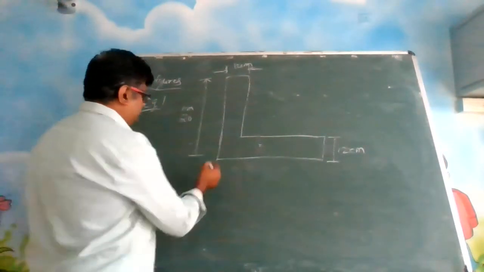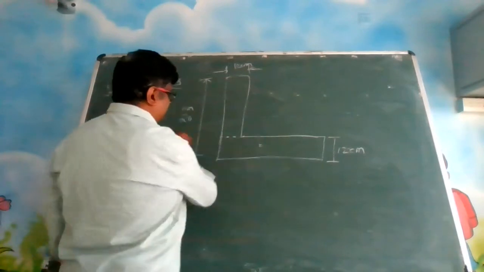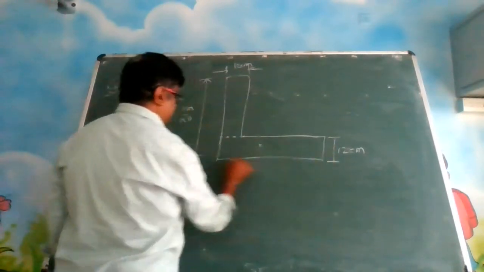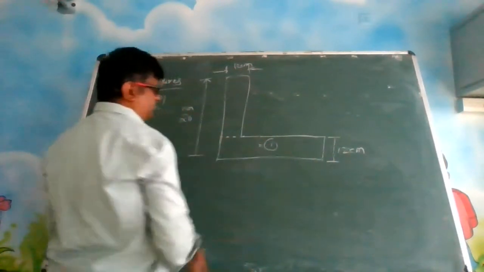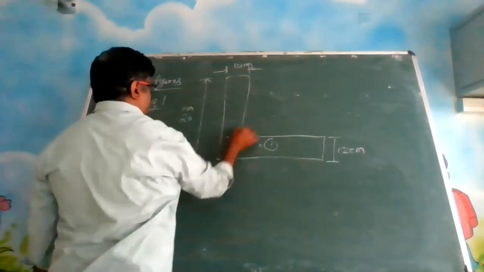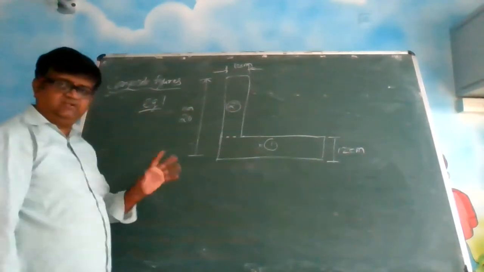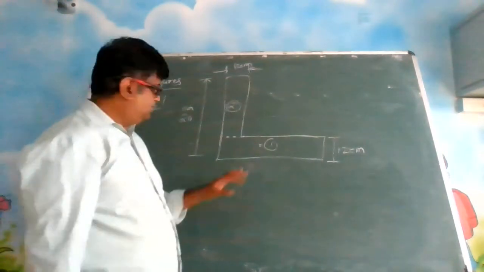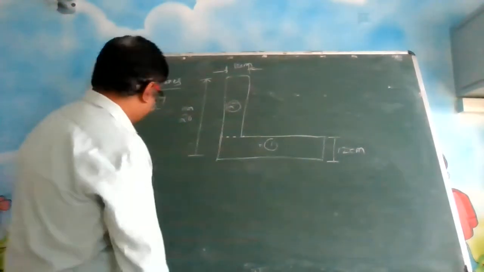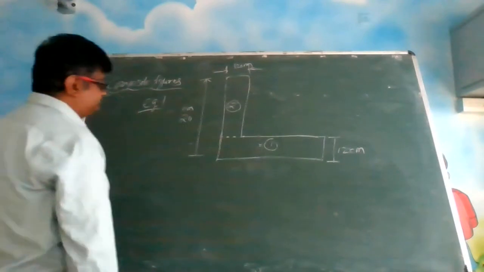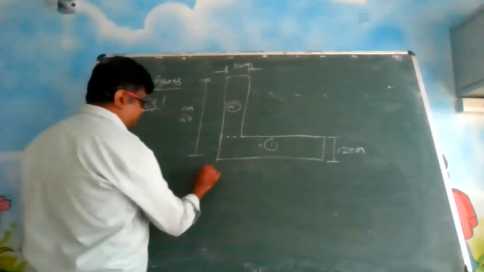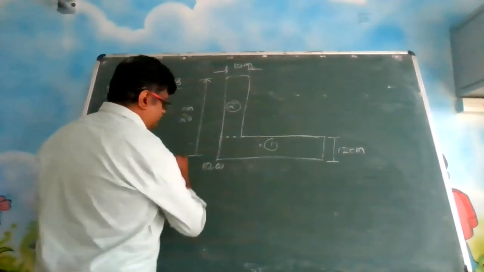So let us say I will extend this line. This rectangle I will call area 1 and this portion area 2. And I will apply the formula a1x1 plus a2x2 and calculate. For doing this, we need to take some reference point. I will take this as 0, 0.